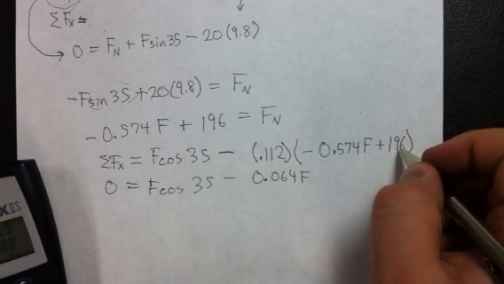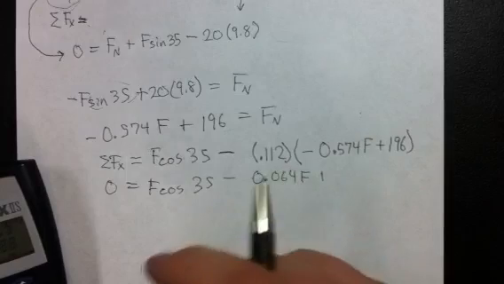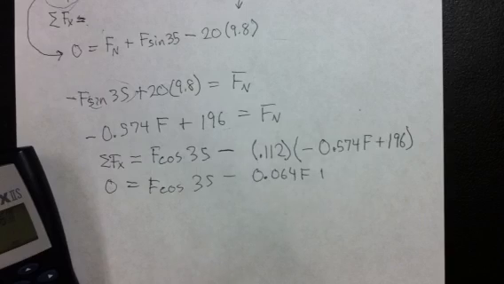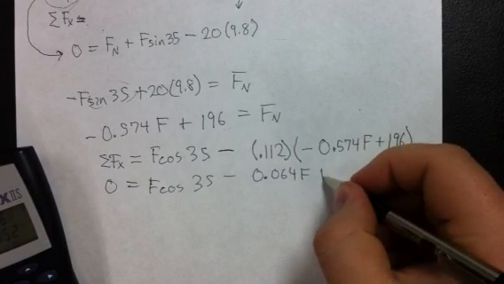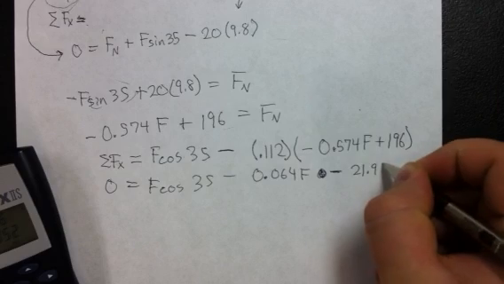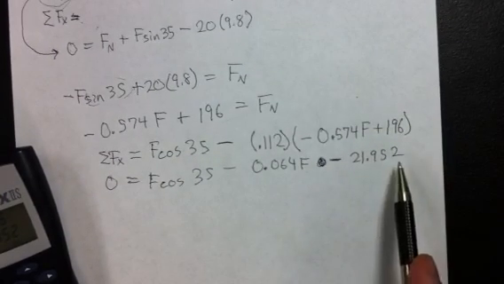And then we're going to multiply this through as well. It's going to be negative 0.112 times 196, which comes out to be a minus 21.952.